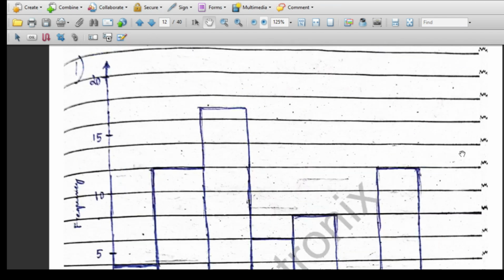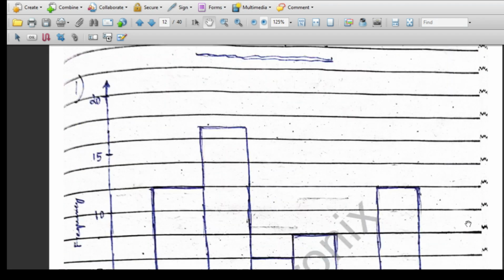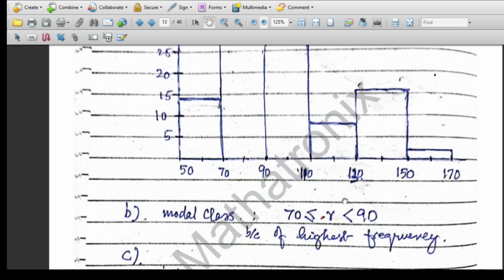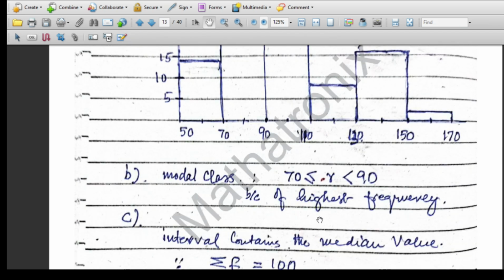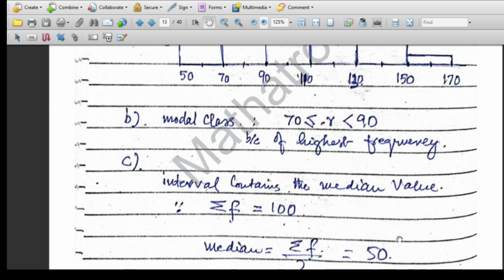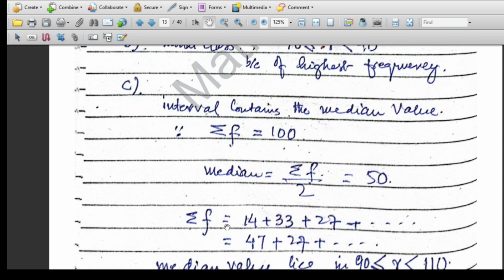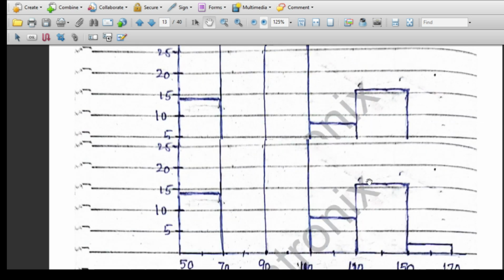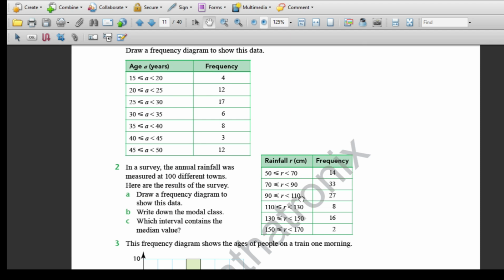So all these ranges are plotted here in this frequency diagram, and the modal class is this one because it has the highest frequency. The interval that contains the median value: the total frequency is 100, so the median frequency should be around 50 to 51. So we will add 14 plus 33, which is 47, and plus 27. So in this band the median class will be there.